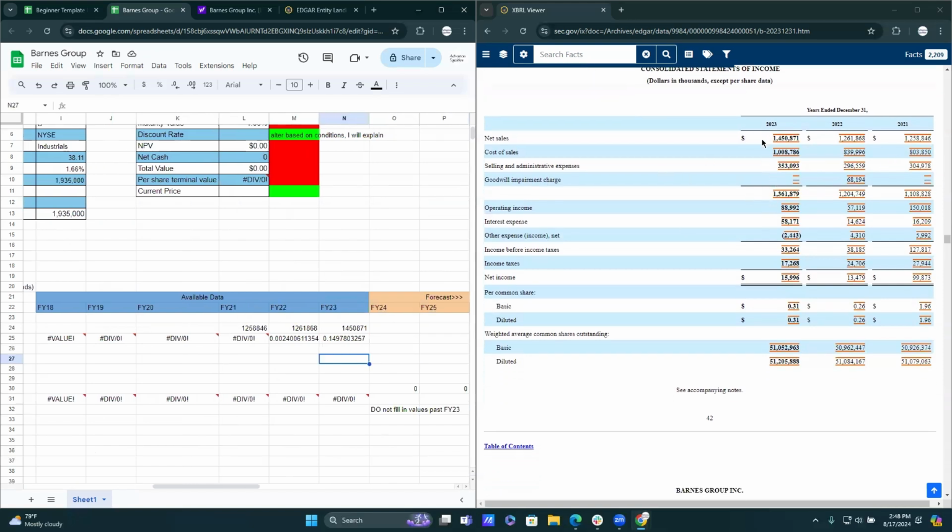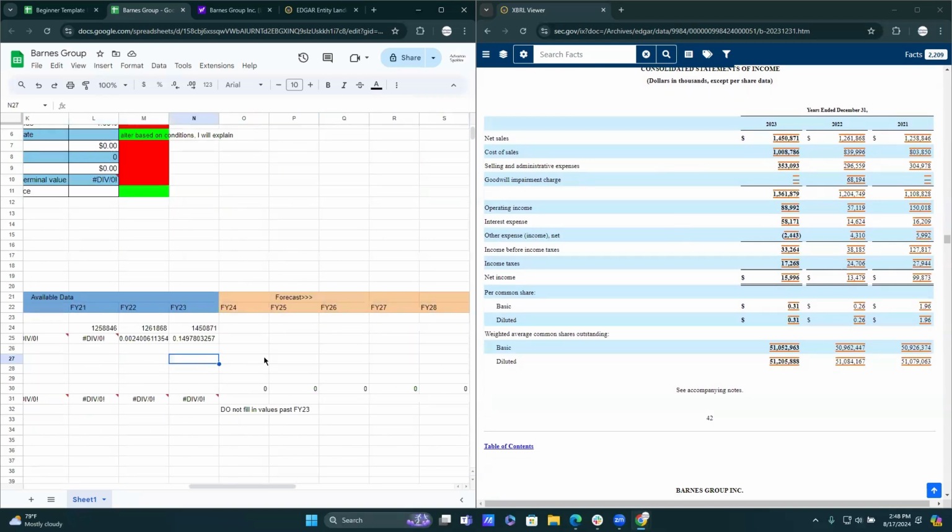Gross profit. So for cost of goods sold, it's going to be 1,008,786. Our gross profit will be net sales minus cost of goods sold. Make sure that formula's in there as well.